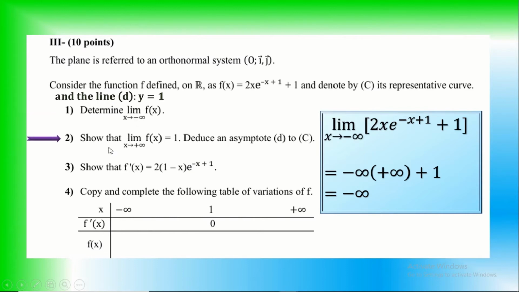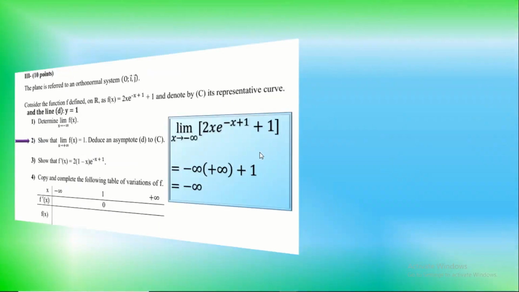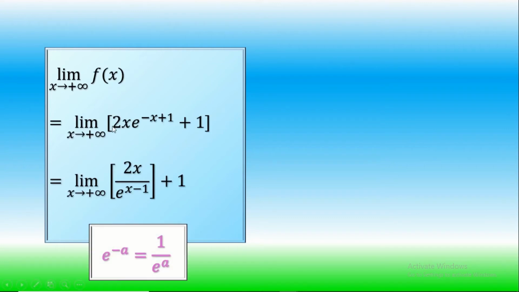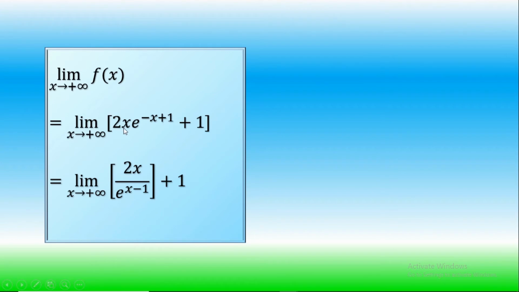Now show that the limit as x tends to plus infinity of f of x is equal to 1, then deduce that D is an asymptote to the curve C. What about the limit of f of x as x tends to plus infinity? Isn't it the limit of 2x e to the power of (minus x plus 1) as x tends to plus infinity?